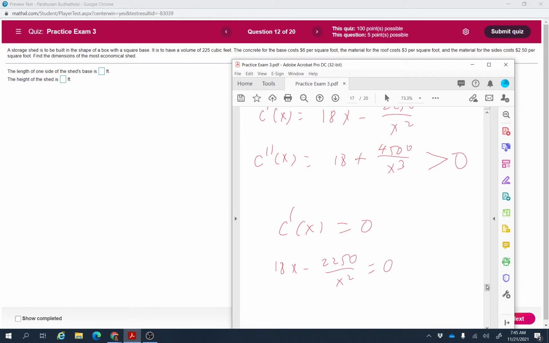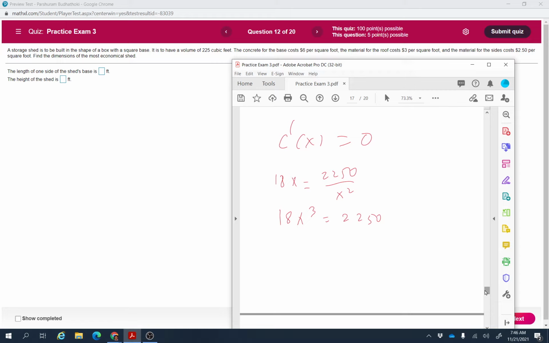If you change the side, you can write 18x equals 2250 over x squared, and if you multiply both sides by x squared, it will be 18x cubed equals 2250. Then if you divide both sides by 18, x cubed would be 125 and x would be 5.